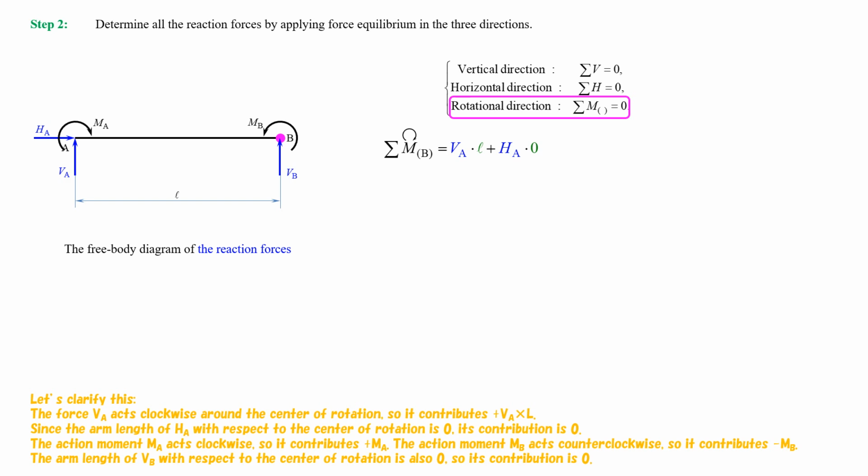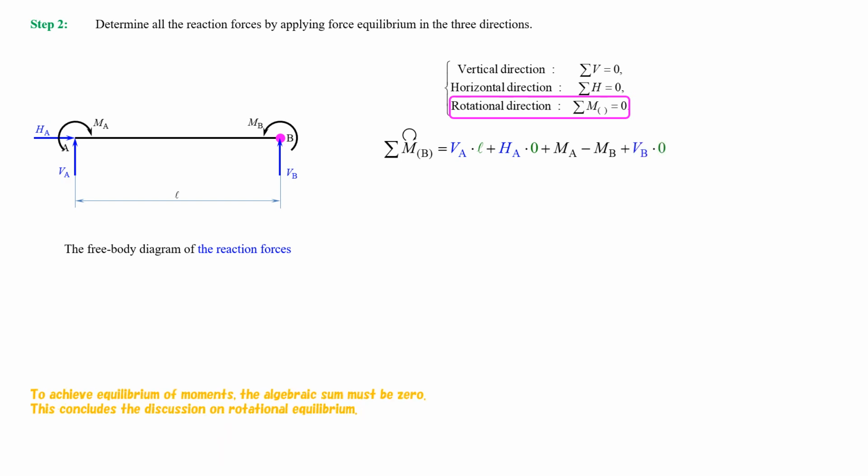The action moment MA acts clockwise, so it contributes plus MA. The action moment MB acts counterclockwise, so it contributes minus MB. The arm length of VB, with respect to the center of rotation, is also 0, so its contribution is 0. To achieve equilibrium of moments, the algebraic sum must be 0. This concludes the discussion on rotational equilibrium.